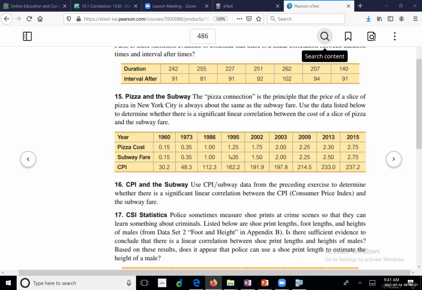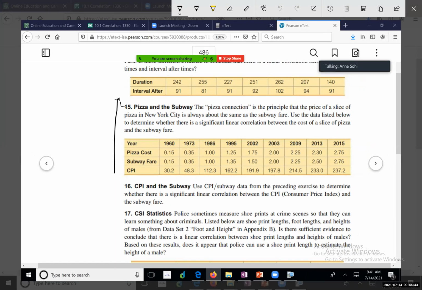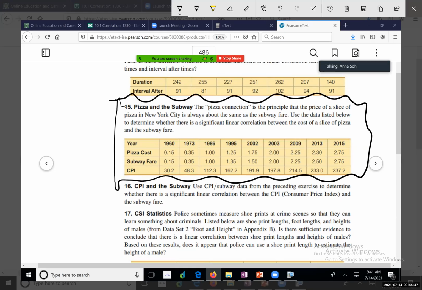I want you to know how to write the equation and use the equation. So basically try to practice all the steps I showed you. May I have a volunteer to read number 15? Just the question itself, the table we're going to observe all together.